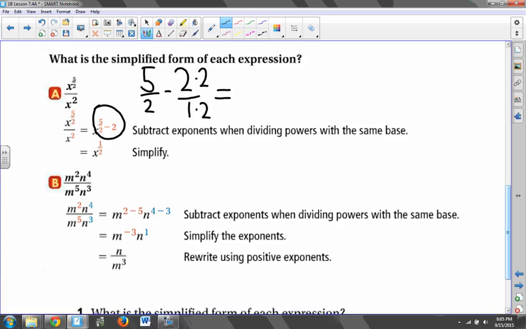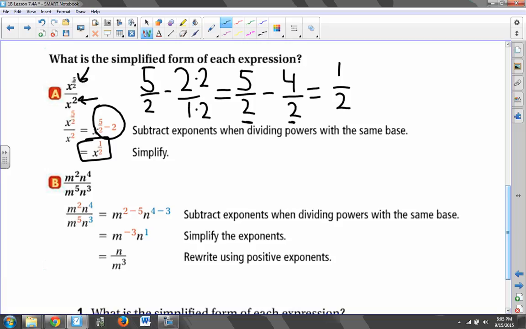So what I'm now doing is 5 over 2 minus 2 times 2 is 4 over 1 times 2 is 2. And now that the bottom is 2 here and 2 here, I can just subtract 5 minus 4 gives me 1 over 2. So there's a quick refresher on subtracting fractions if you don't remember that. And that's how we end up right there at x to the 1/2 power, because we took our two exponents, 5 over 2 and 2, and subtracted them.